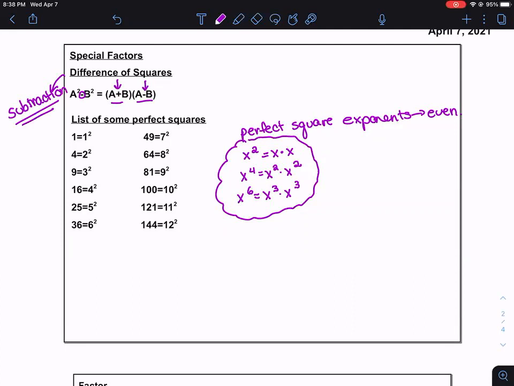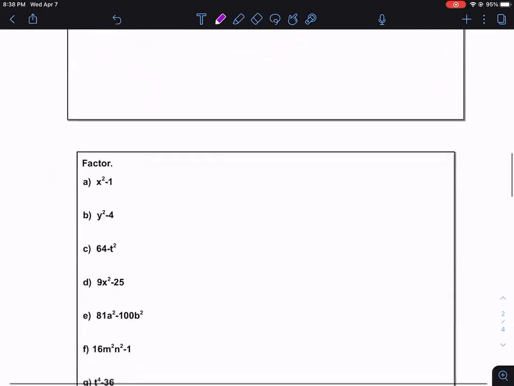Let me repeat what I just said one more time. If I have a minus sign in between 2 terms that are both perfect squares, then I am going to factor these into the same binomial. One will have a plus and one will have a minus in between.